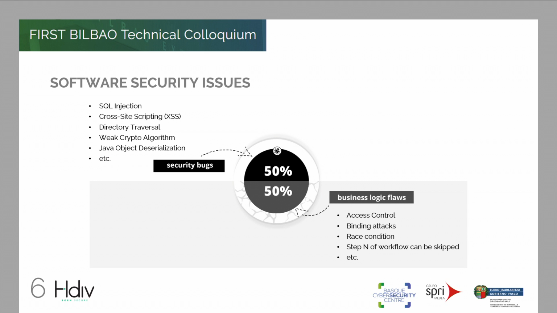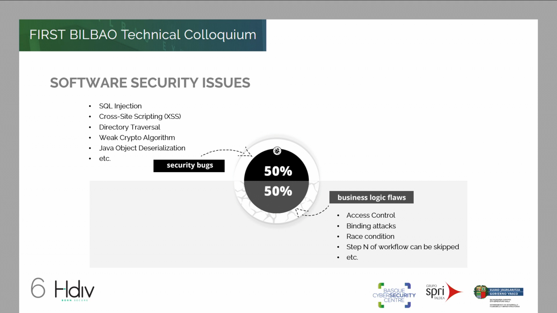If we look at issues within software security, we see that there are mainly two kinds of issues, and each one represents approximately half of the total problem. In one part, we have what we call security bugs or syntax issues.